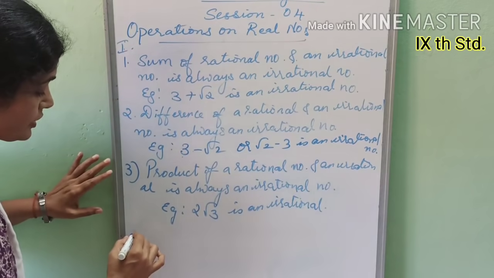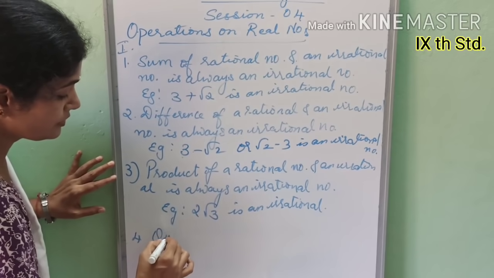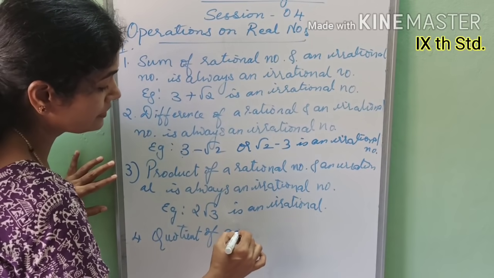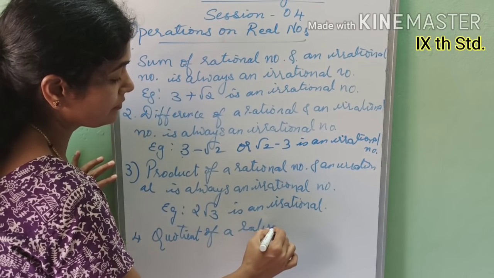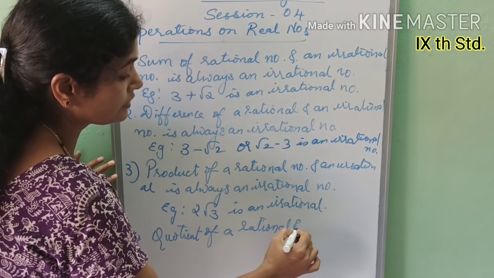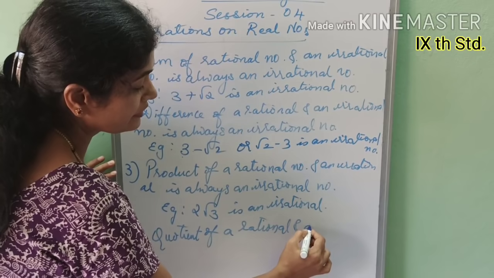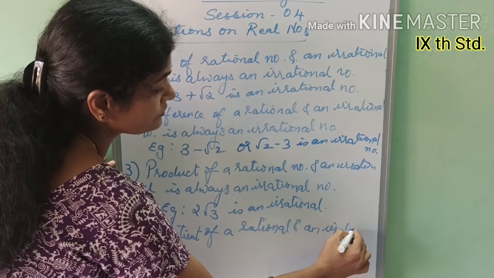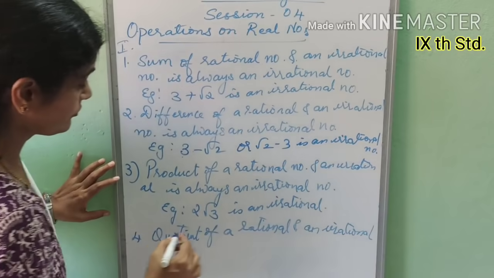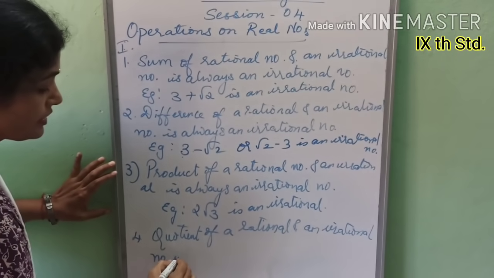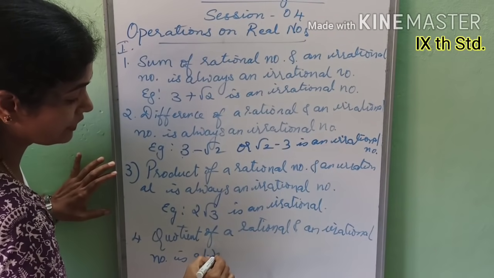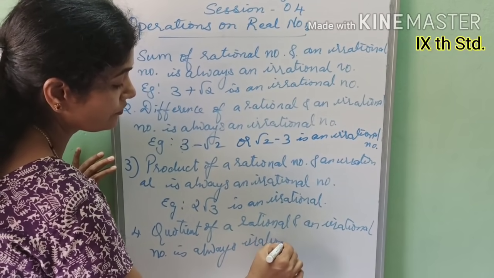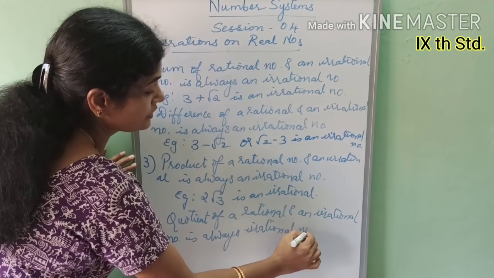Similarly, the quotient of a rational number and an irrational number is always an irrational number.